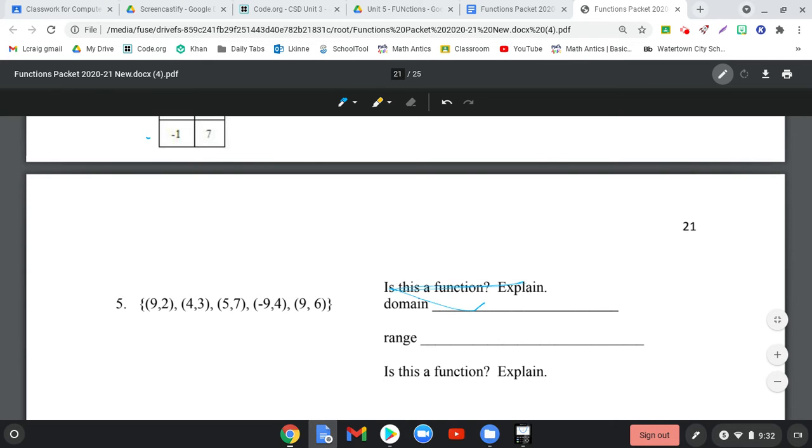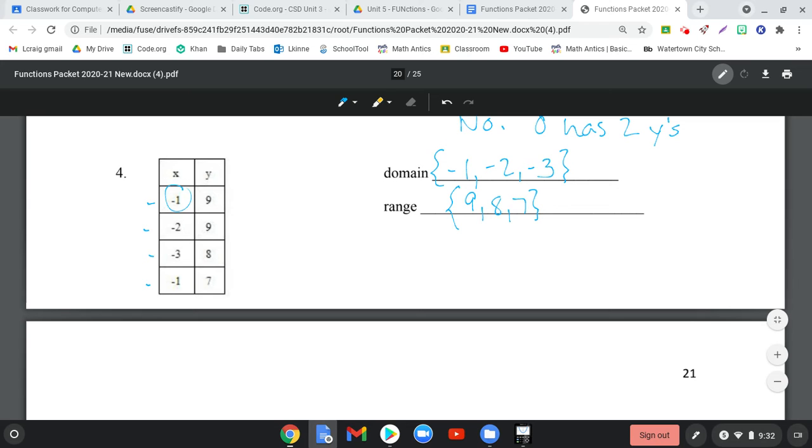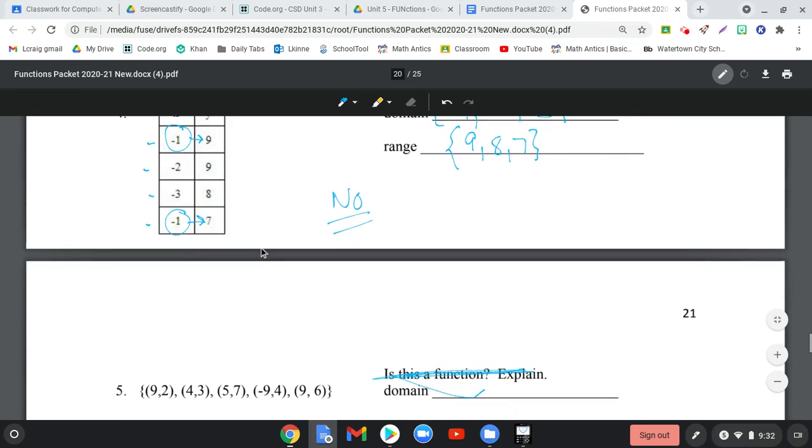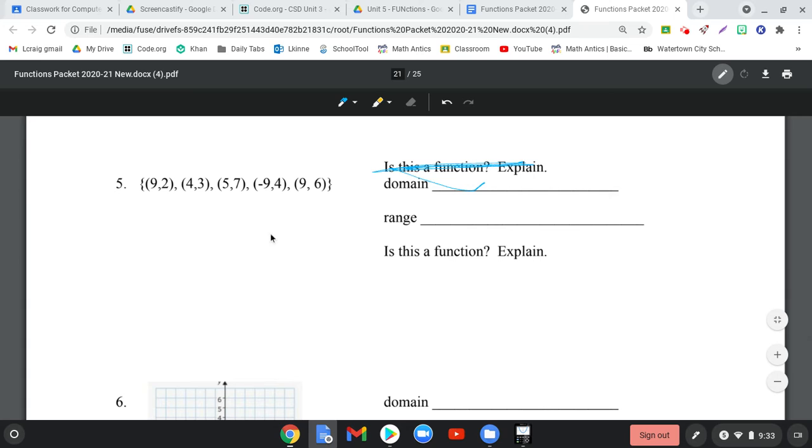It's not a function because -1 goes to 9 and then -1 goes to 7. It's okay that these two both went to 9, but again, one x can't have two y values. Not a function. This one is actually a repeat, so I'm going to have to cross that out.